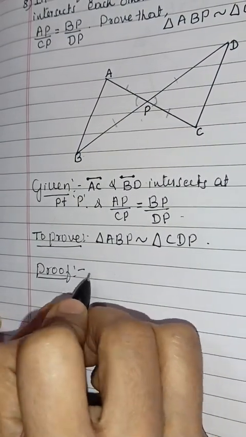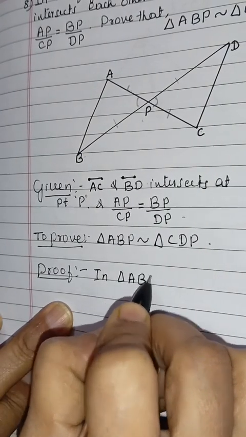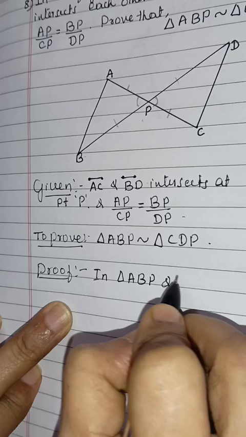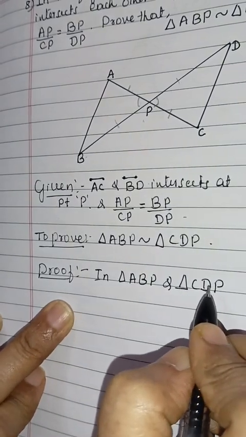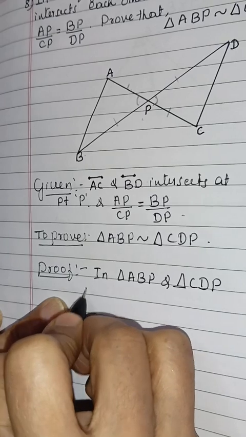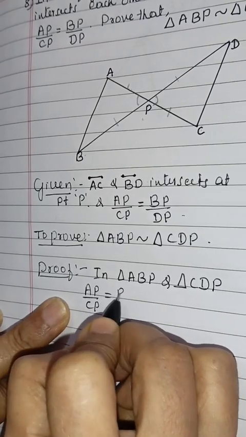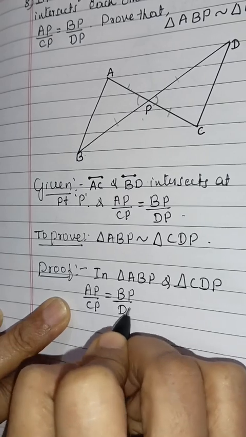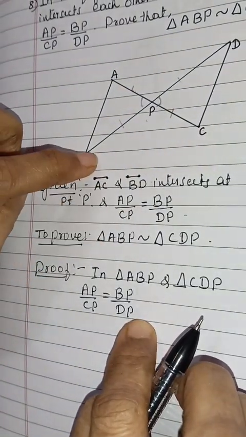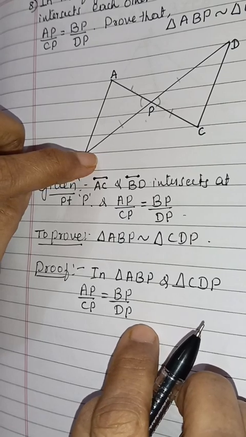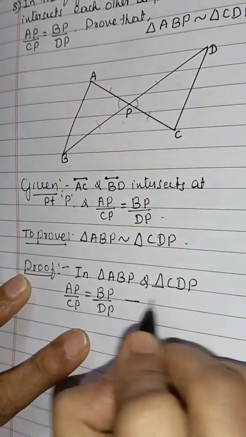In triangle ABP and triangle CDP, AP by CP equal to BP by DP. This is given. In these two triangles, this is given.